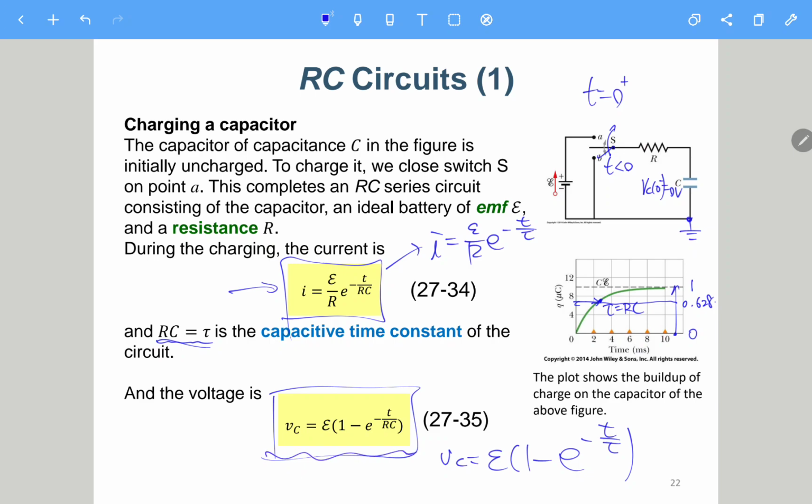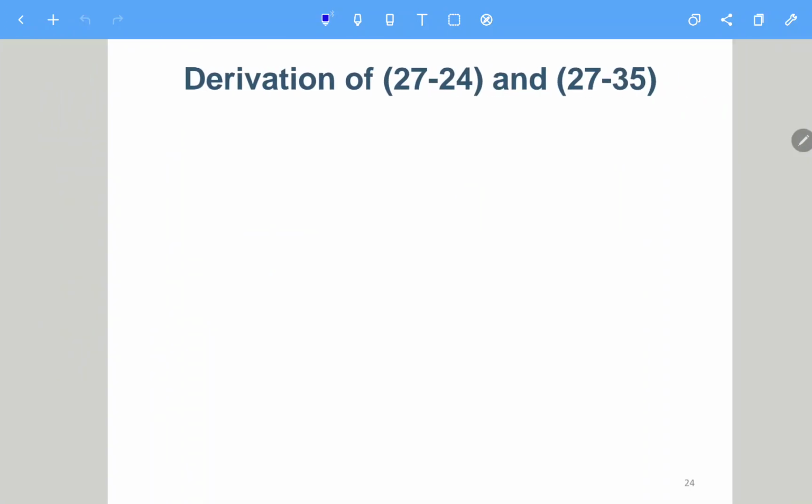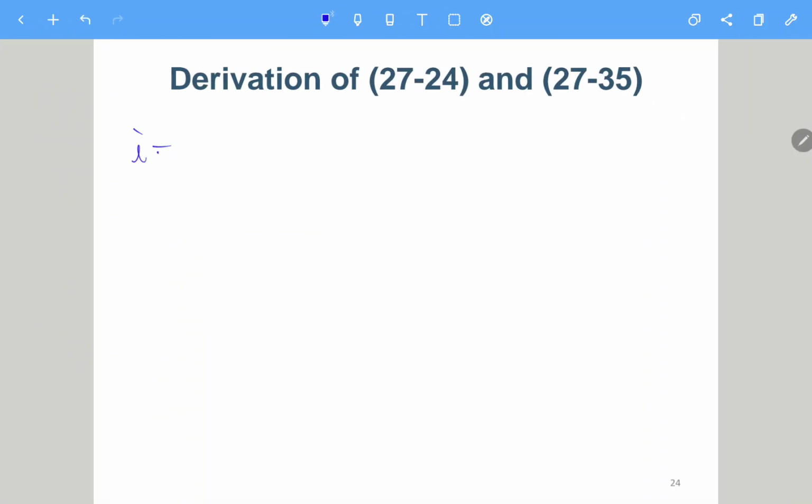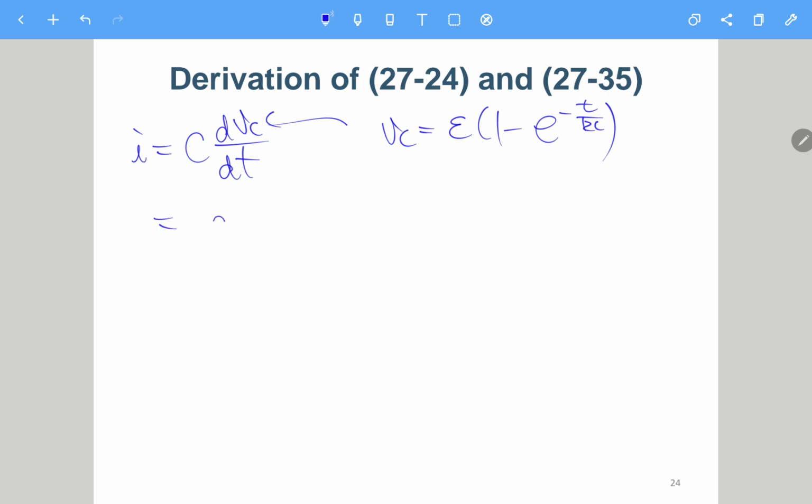Okay, so we get this one first, and then we can get I. I is actually C dVC/dt, and we have VC to be E times 1 minus exponential to negative T over RC. So we can plug it in here: C, and then dVC/dt. This is a constant, we can put it in the front, and this is a constant.